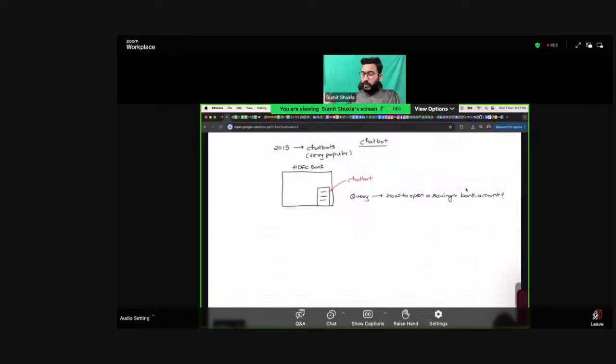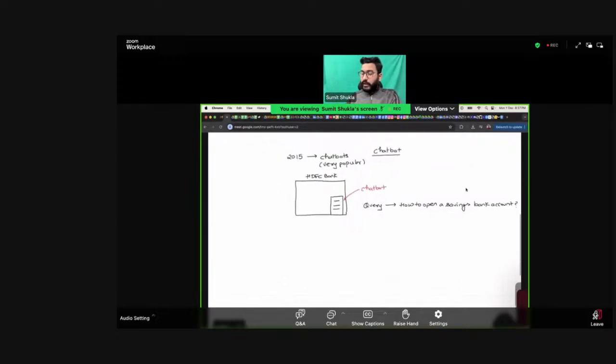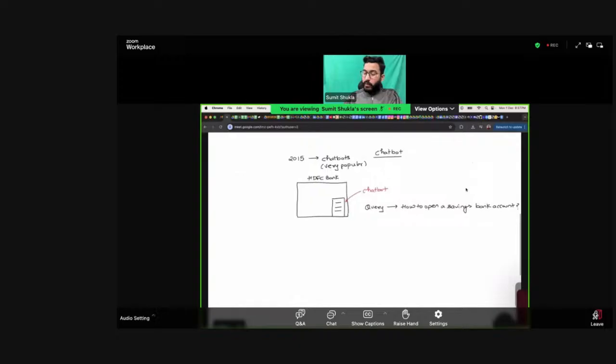When you put a query on this chatbot, which is available in the HDFC Bank website, the chatbot will take your query and go inside the database it has been trained on. Let's call it the FAQ database. In this database, there will be n number of questions and their respective answers.